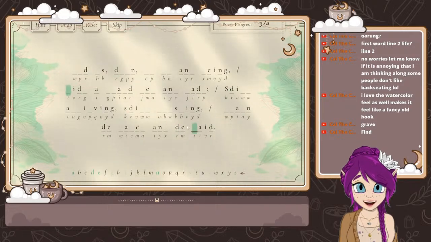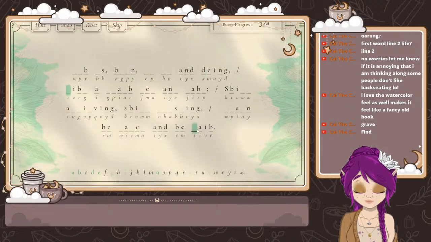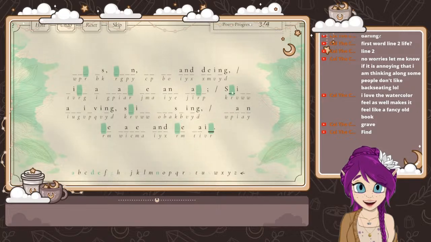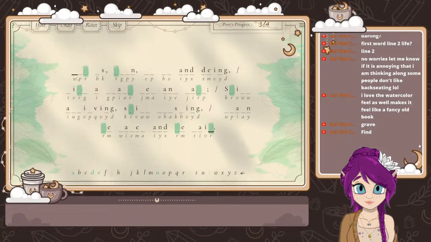It's probably B. Oops, not D. I want B. And B. That's a weird word. I think this is wrong, because SBI is not a word. And dying.